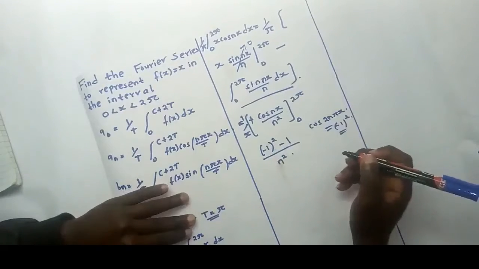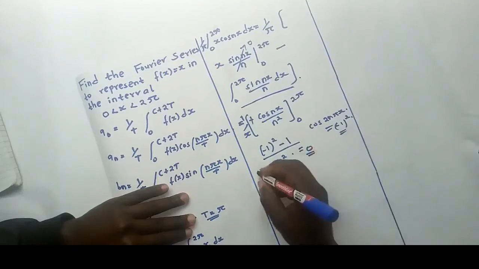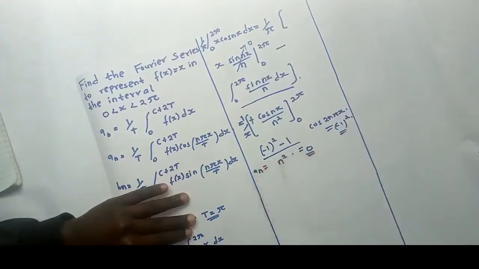So we have a 0 here as our an. So our an is 0.